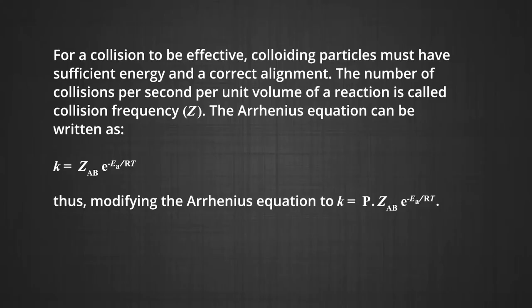According to collision theory, another factor capital P called steric factor, which refers to the orientation of the molecules which collide, is important and it contributes to the effective collisions, thus modifying the Arrhenius equation as k = P Z_AB e^(-Ea/RT).